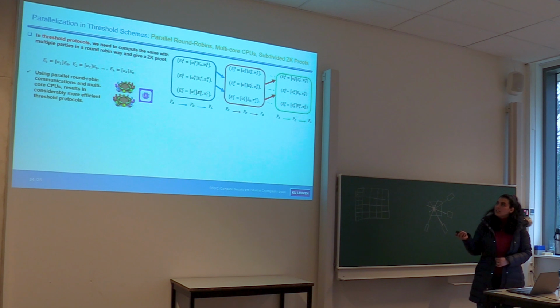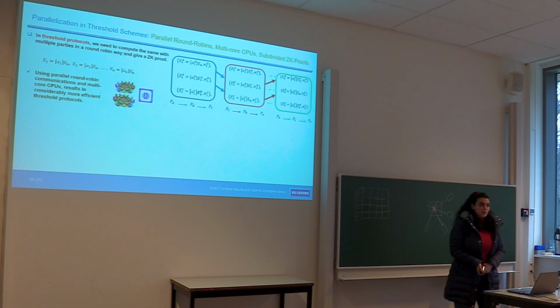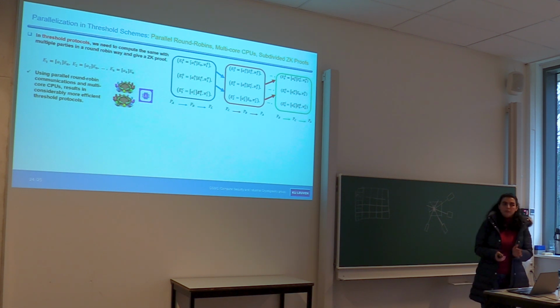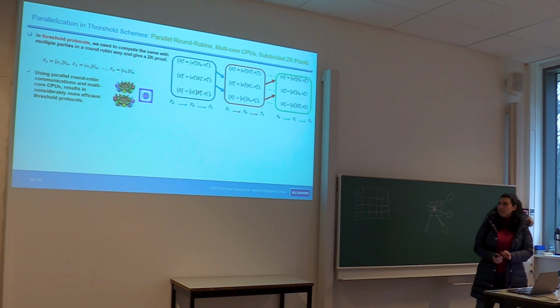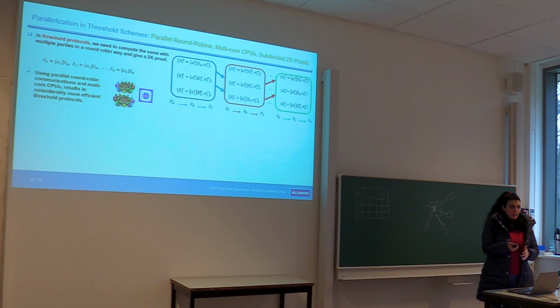But with parallel round robin, the first party can start with the first part of the public key, and the other parties can start with the other parts. The only thing that matters is that we update each part of the public key once with our secret.